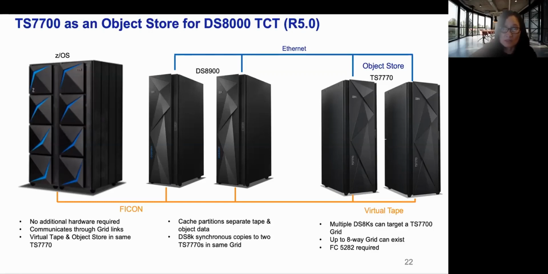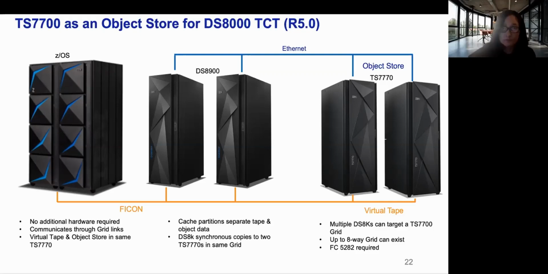So coexistence of virtual tape and object data in the same 7700 using the hardware that we already had. So using the same cache system, no separate cache needed. In fact, we utilize our cache partition technology that we've had in our system for years, and we just separate that tape versus object data out.